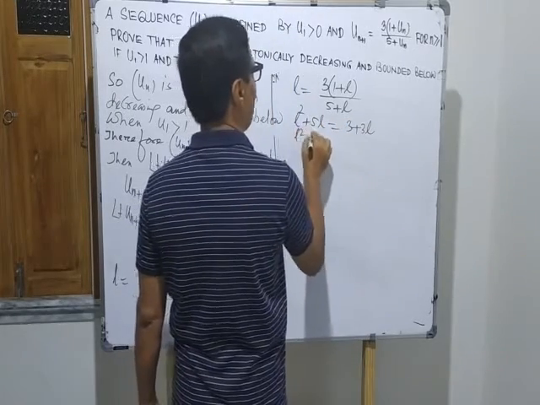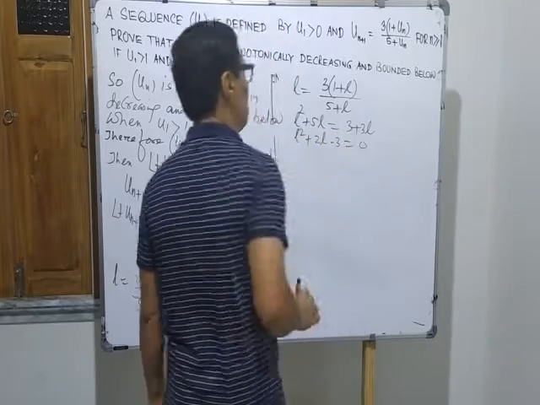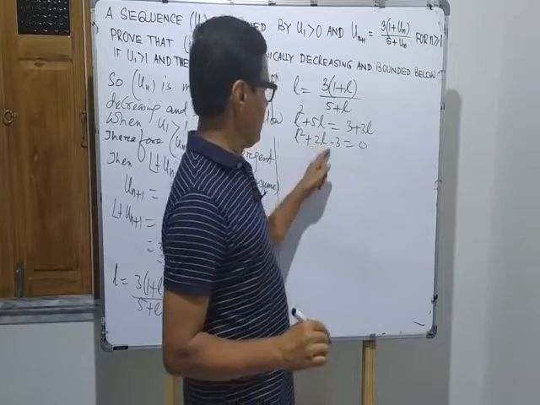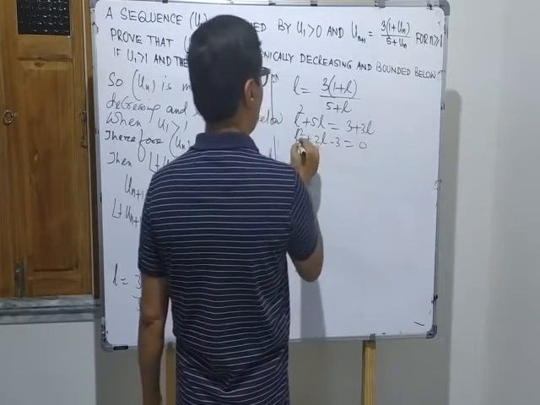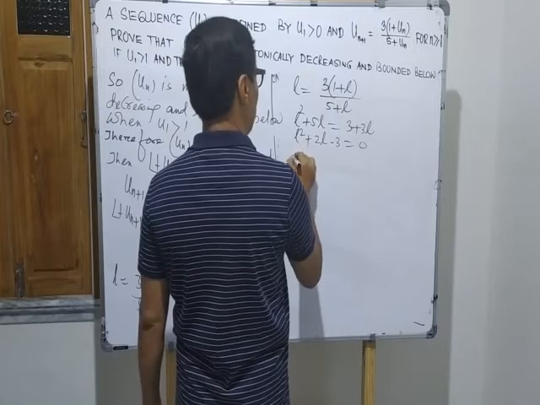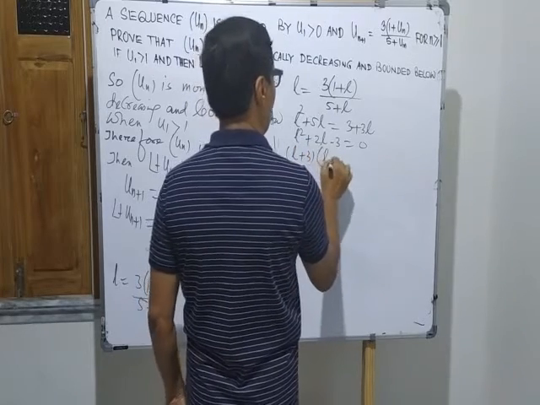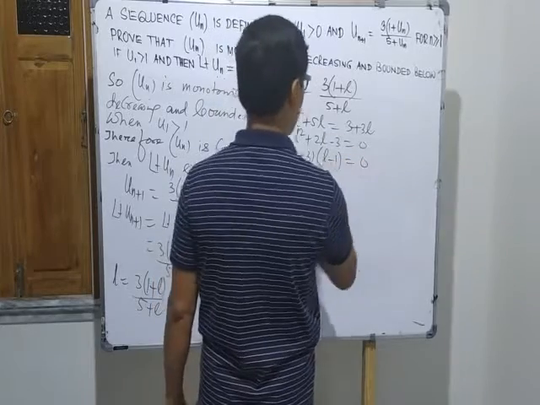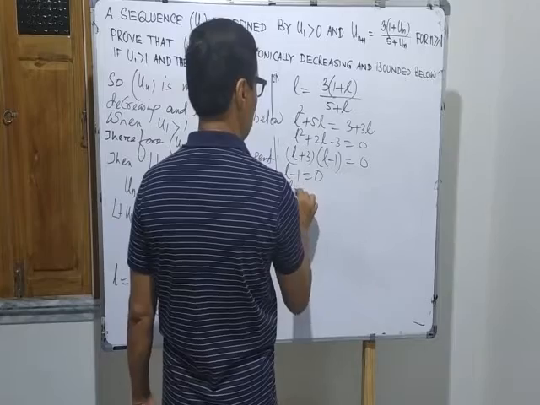L square plus 2L minus 3 equal to 0. We can factorize this polynomial. After factorization we get L plus 3 into L minus 1 equal to 0. So L minus 1 equal to 0, that is L equal to 1.